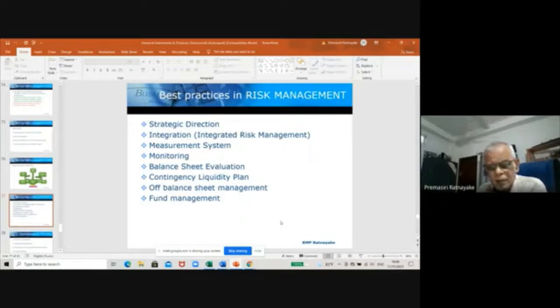Best practices in risk management. Strategic direction. There should always be a strategic direction coming out of the board of directors, who are the representatives of the shareholders of a financial institution. Then integrated risk management.